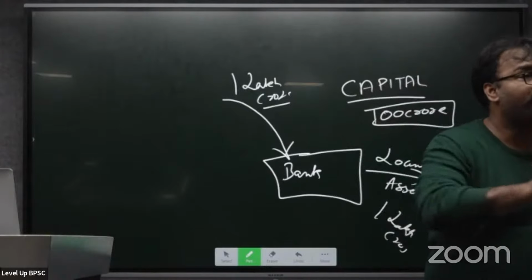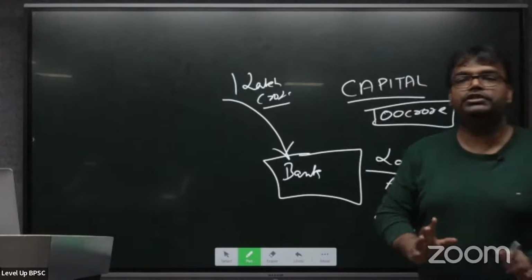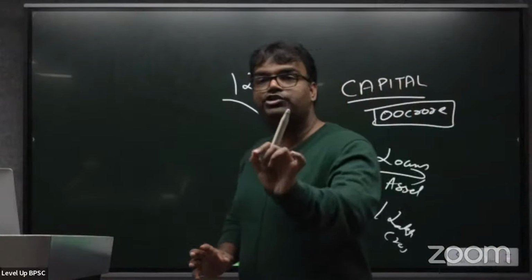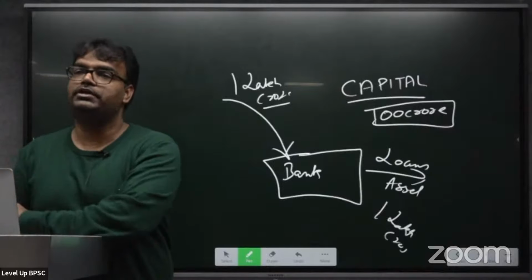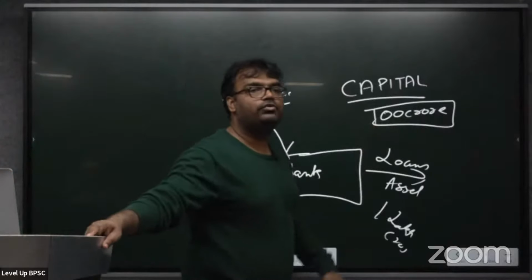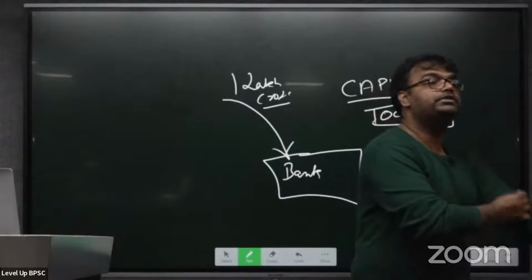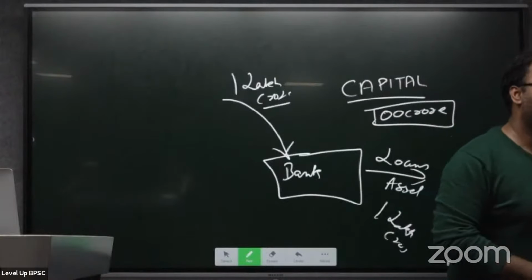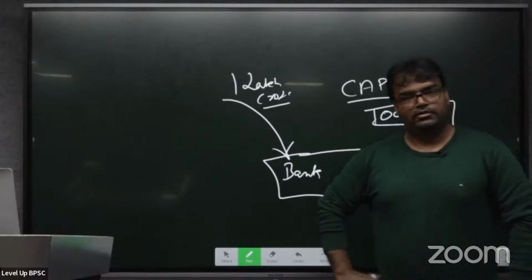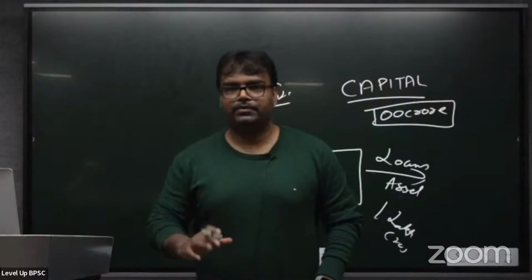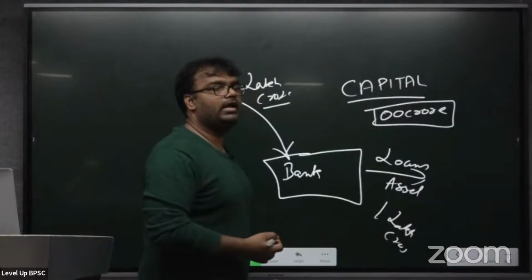If RBI says that minimum capital adequacy ratio is 10%, in that case, this should be the condition. So if I'm going with a capital of 100 crore rupees, what is the maximum loan that I'll be able to give? 1,000 crore rupees. Is it clear?